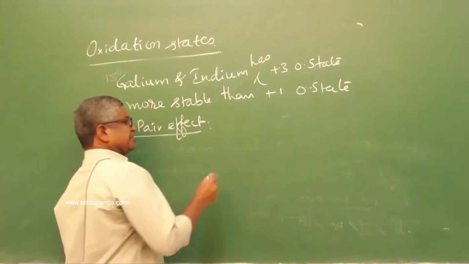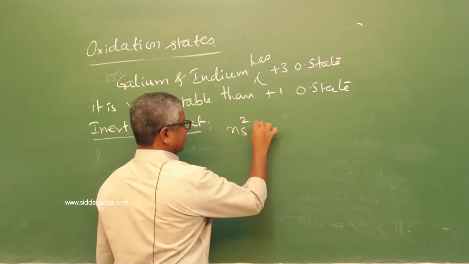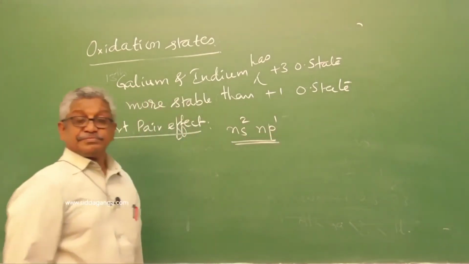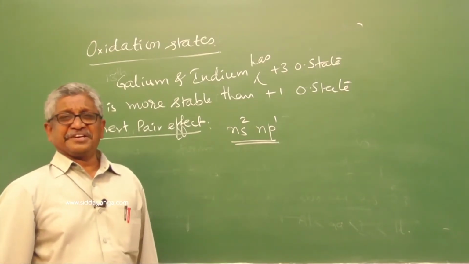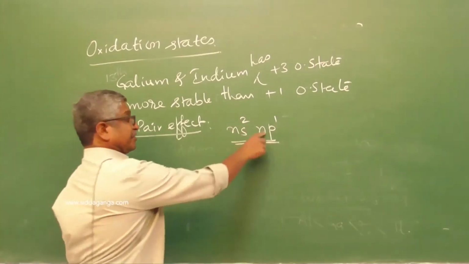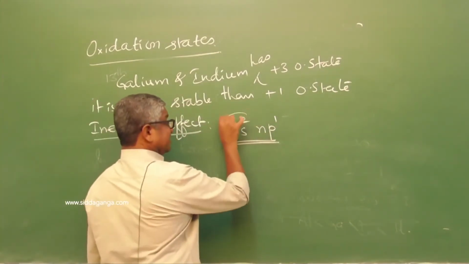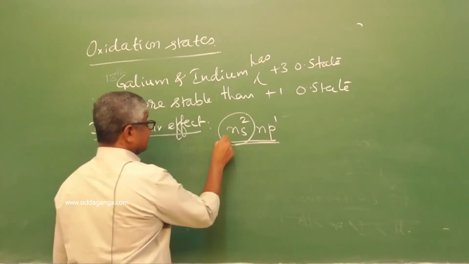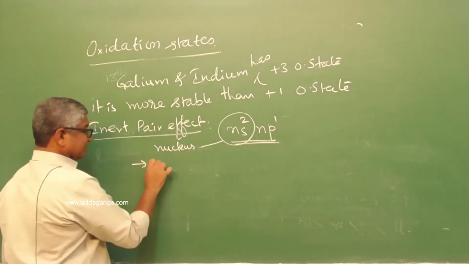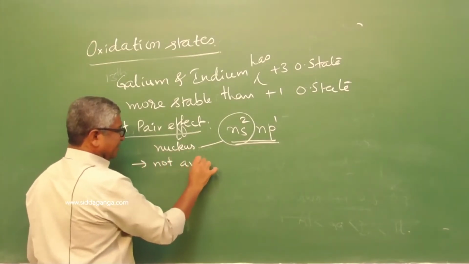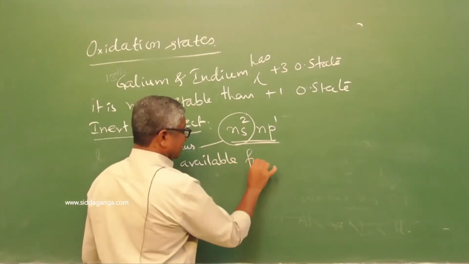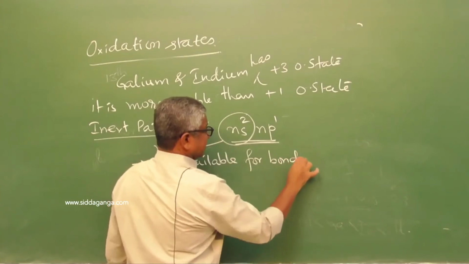In the outermost orbit, ns2 and np1 electrons are there. If the ns2 electrons are attracted by the nucleus, they are not available for bond formation.